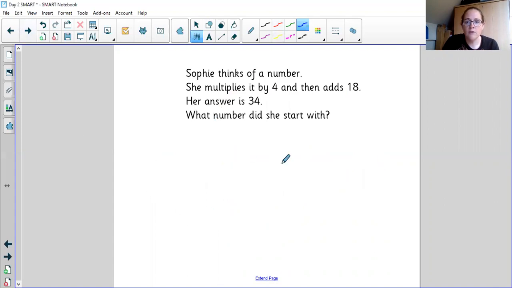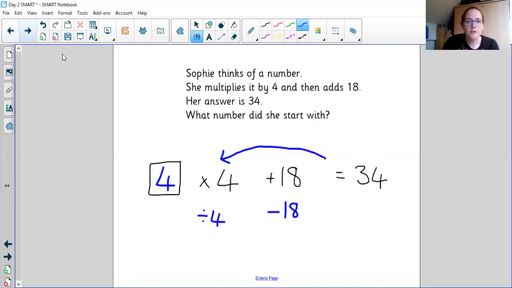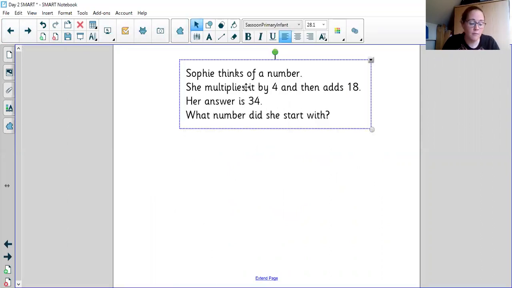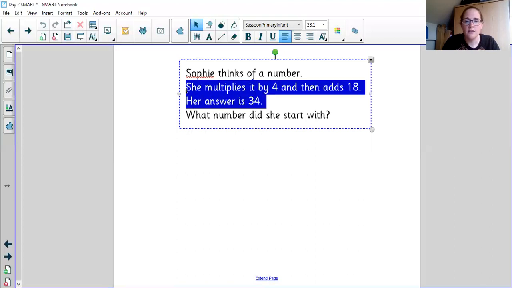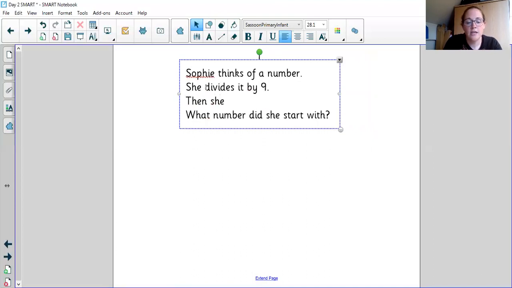Okay, the next one's exactly the same. Do you know what? We can change it. So instead of Sophie thinking of a number and multiplying it by 4, she's going to think of a number and she's going to divide it. She divides it by 9. Then she adds 10.